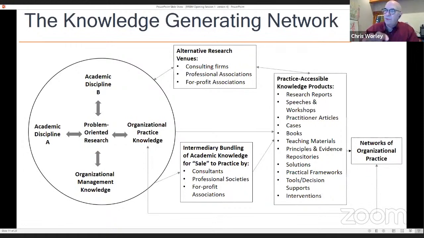And so what the knowledge generating network does is it begins to operationalize the value stream in knowledge creation, where there is this notion that from basic research into applied research and into practice, there is this feedback loop at the bottom that says practice is often a place where we go to learn about what's going on because the managers are solving problems in real time.